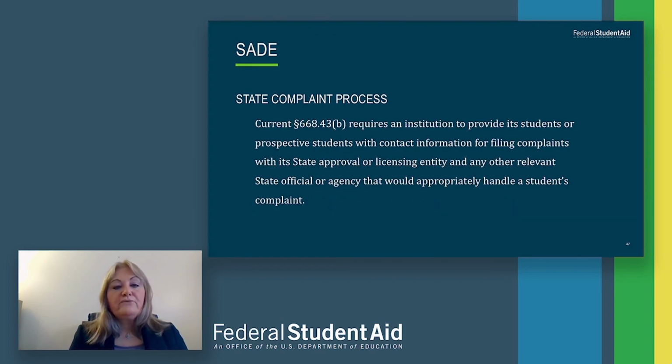Current 668.43b requires an institution to provide its students or prospective students with contact information for filing complaints with its state approval or licensing entity and any other relevant state official or agency that would appropriately handle a student's complaint. The institution would need to have such information to provide, or it would be out of compliance with the regulations.